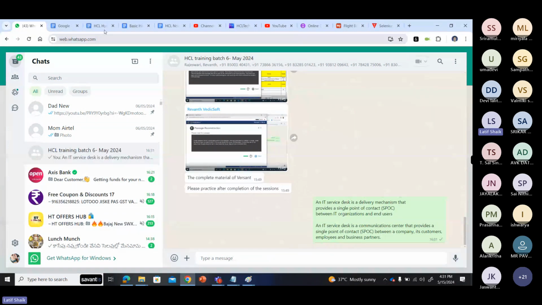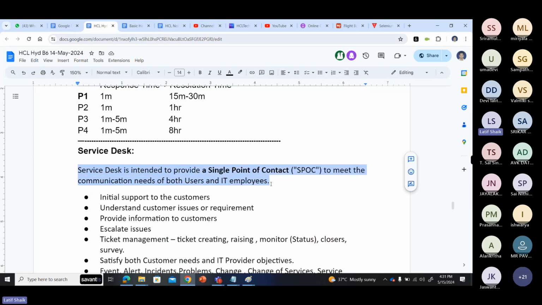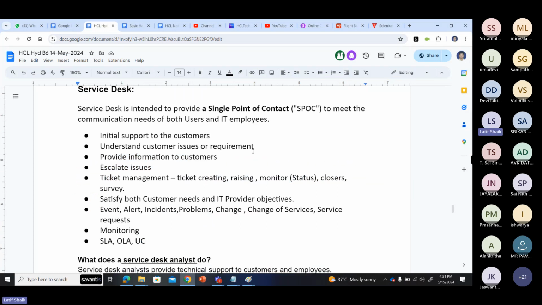So what is a service desk in a single sentence? A service desk is a single point of contact to meet the communication needs of both users, meaning clients or customers, and IT employees. What does the customer get from the service desk?